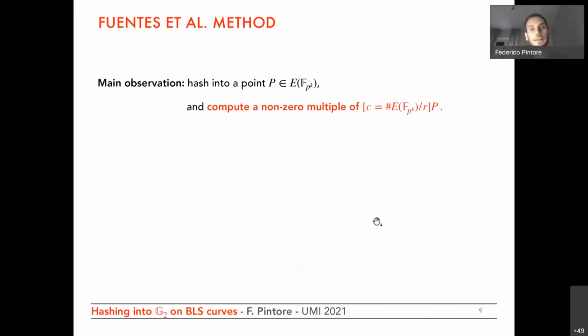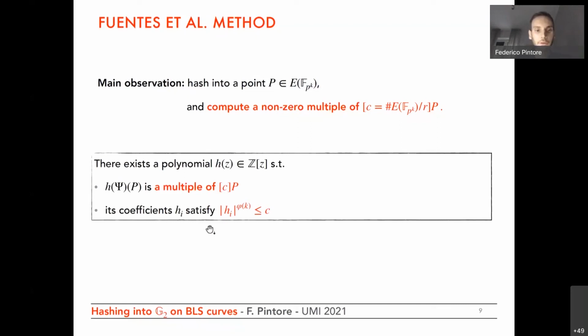There are currently 2 methods to speed up the computation of the scalar multiplication, c times P. We said that c is quite huge, so it's expensive to compute c times P. One method is due to Scott et al., while the other method is an improvement due to Fuentes et al. The main observation of their method is that instead of computing c times P, we can obtain a multiple of c times P, and this multiple is fine as well.